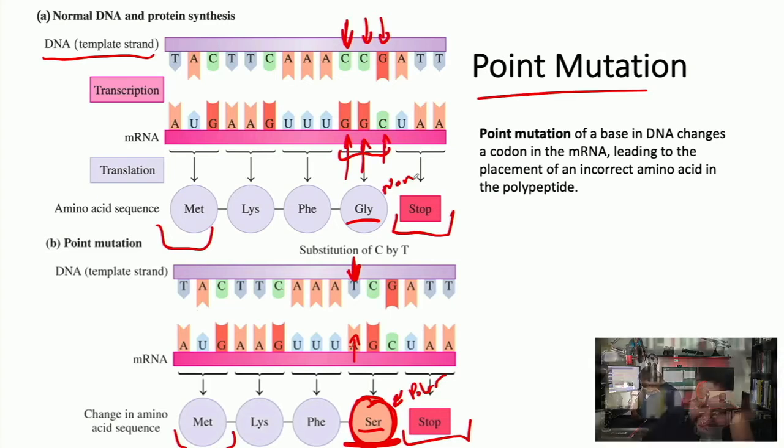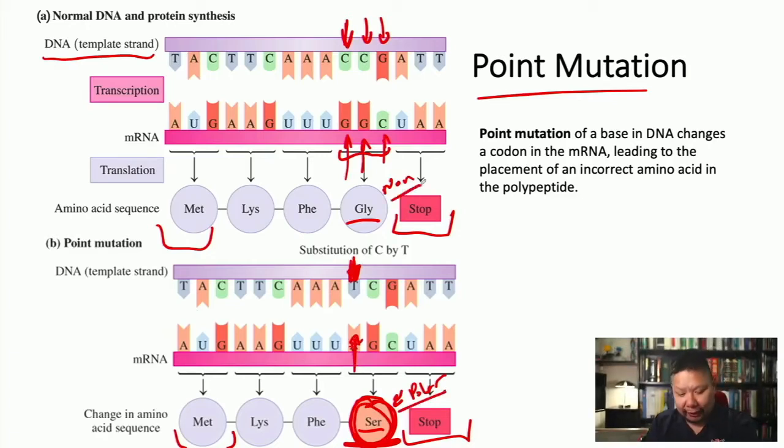Anyway, so the change of one nucleotide here to a T changes this to serine, and serine is polar and glycine is not polar, and that's as different as you can get. And so this could be an active site kind of change where it's no longer active, but remember that glycine has just the H as its R group, and serine has the OH.